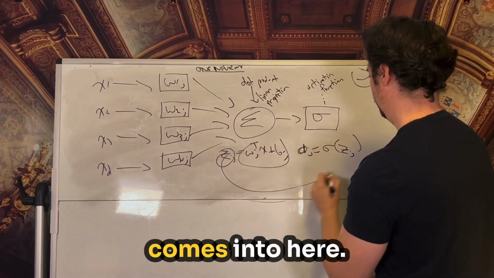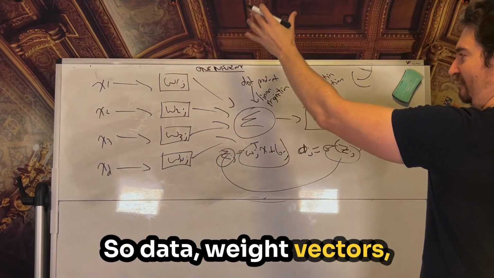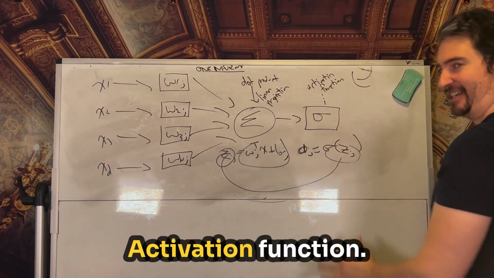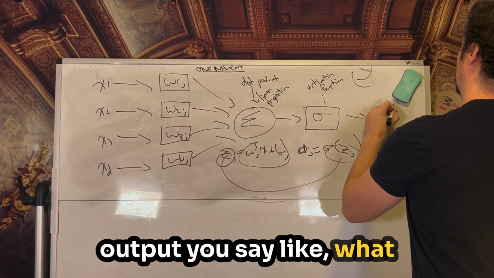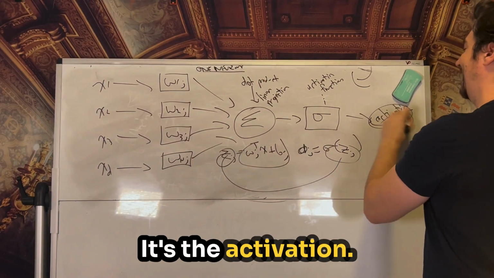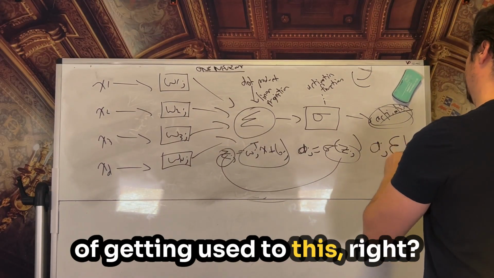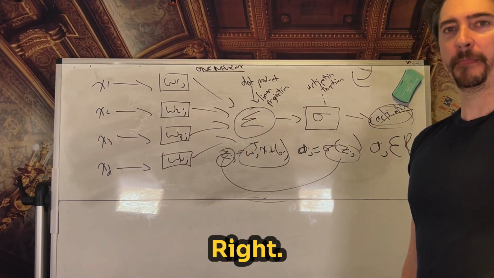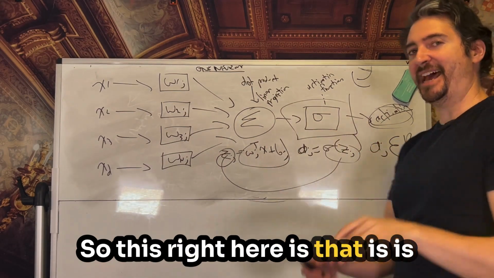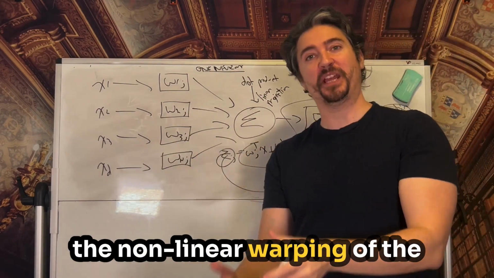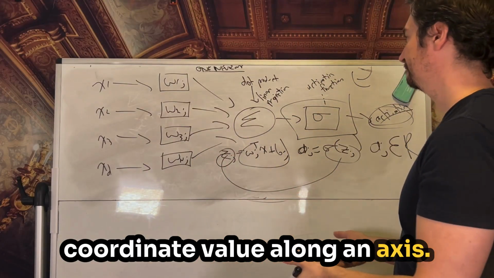Everything we know comes into here. So data, weight vectors, linear projection, activation function, and then at the output, you ask what the neuron is outputting. It's the activation. And that activation belongs to some real number. So this right here is the nonlinear warping of the coordinate value along an axis.